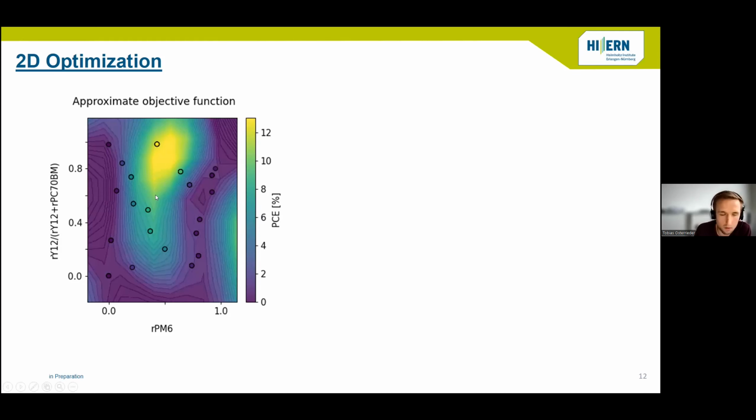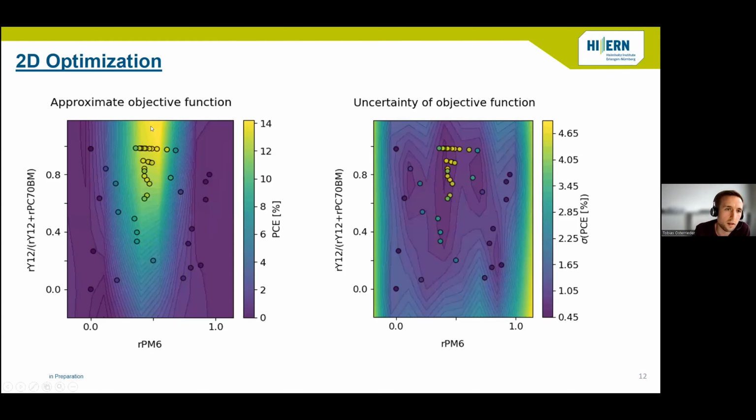We made samples where we don't have too many samples, but in the end, for the last 2 iterations, the algorithm just makes cells where it thought they were good cells because it was quite sure that in the other region there is nothing. On the right side, you can see the uncertainty of our objective function. We can see that where we have a lot of points, our uncertainty is quite low, while at the edges where we don't have any points, the uncertainty, of course, increases.